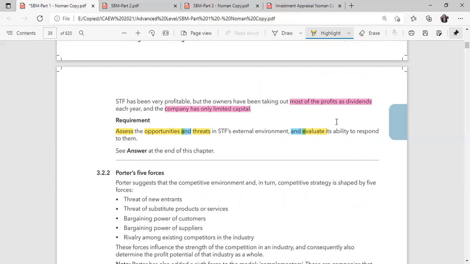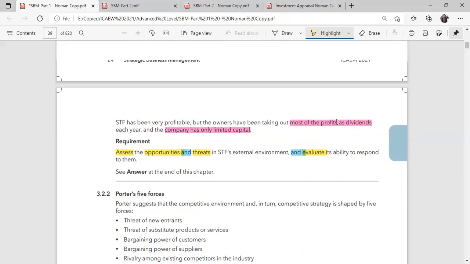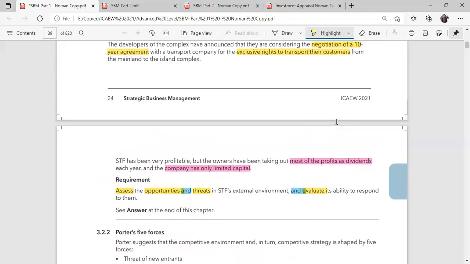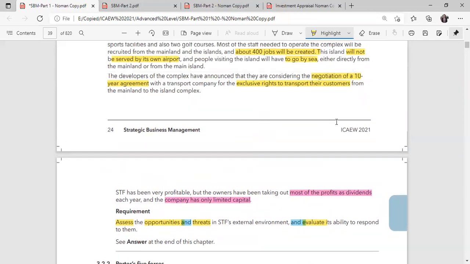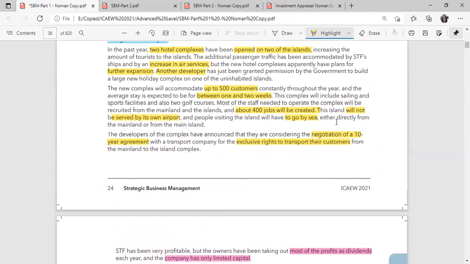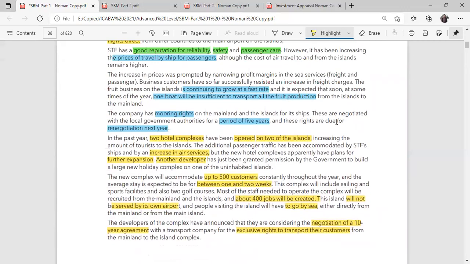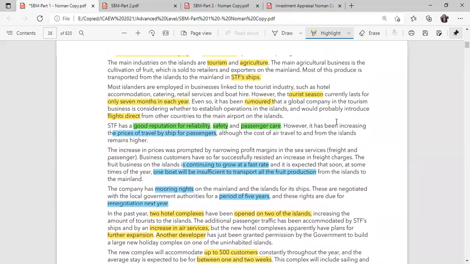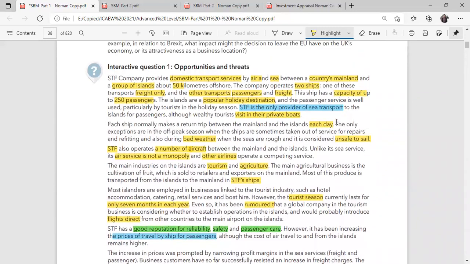If you just miss out one or two lines of the structure of your scenario, then your discussion and your answer might be different. Most of the profits go out as dividends, so very few profits are available for further expansion and growth of SCF. The above discussion shows there are a lot of opportunities in agriculture, hotel complexes, new contracts, new jobs, food production, and many others.